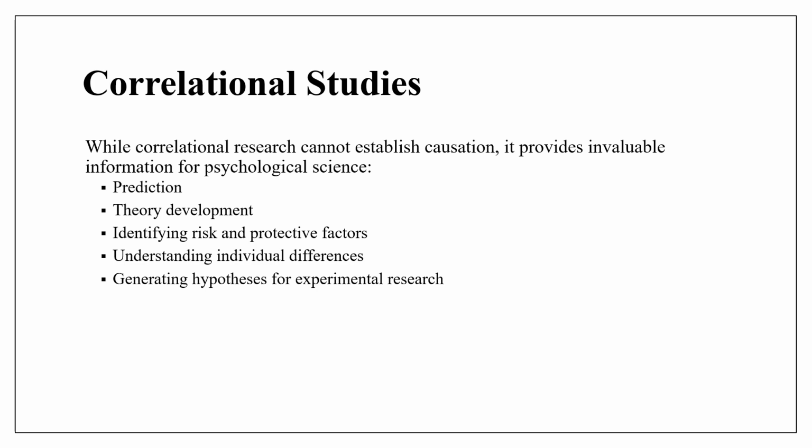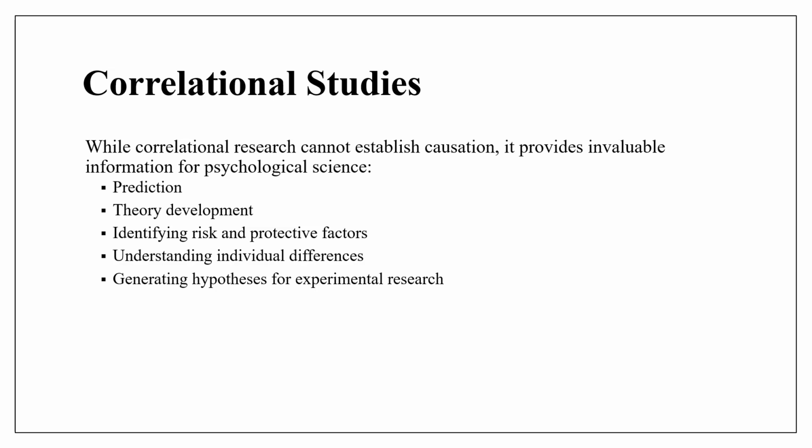Correlational research does not establish causation. Again, it doesn't explain why behavior happens, but it does give important information by letting us know how variables are associated to each other. So it does allow us to make certain predictions. It allows us to test theories and continue developing them. It allows us to identify risks and protective factors.